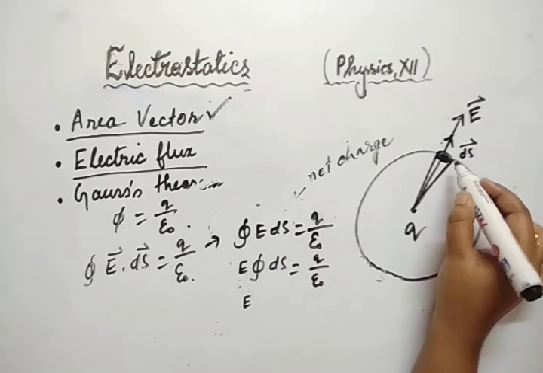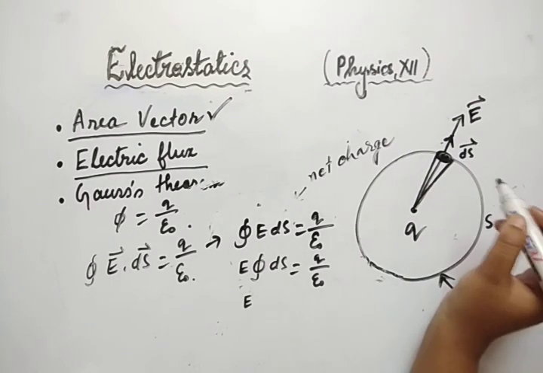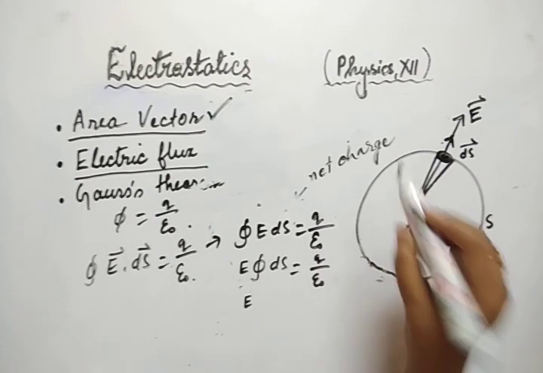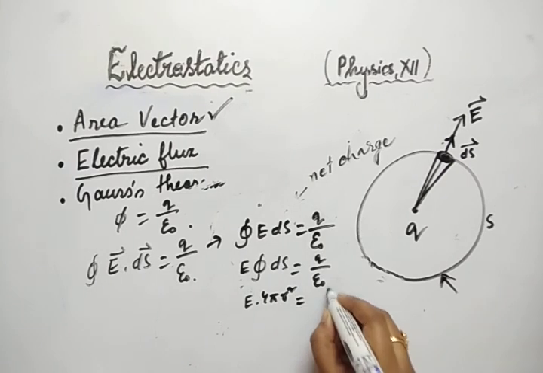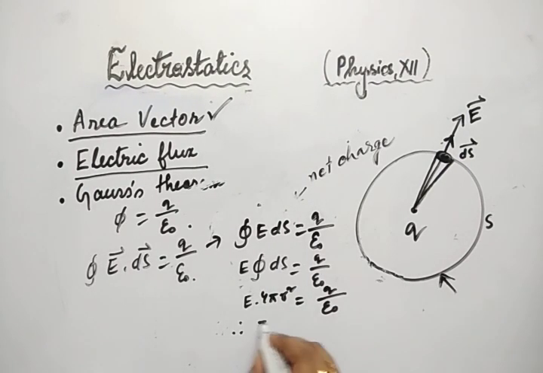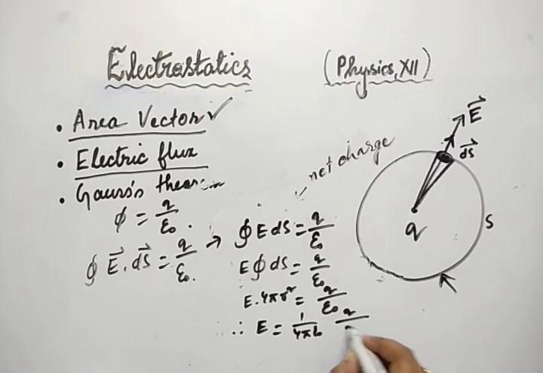So this is the small portion of area of this sphere. And what will be the total area of the sphere? It will be 4 pi r square. E into 4 pi r square equals q by epsilon naught. Therefore E equals 1 by 4 pi epsilon naught times q by r square.